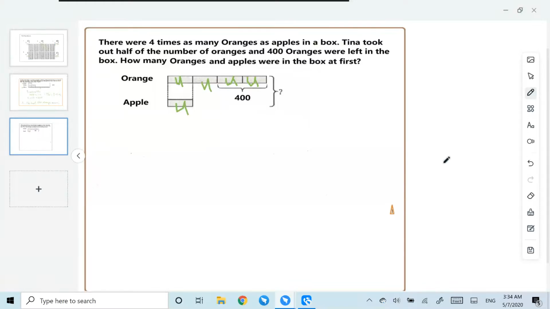So the total of the oranges should be 2 times 400. Is that right? Equals 800. So now we know the oranges are 800.